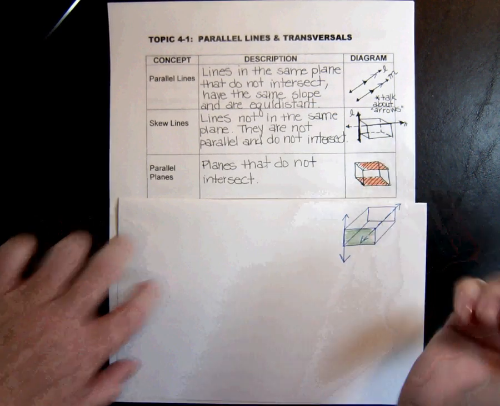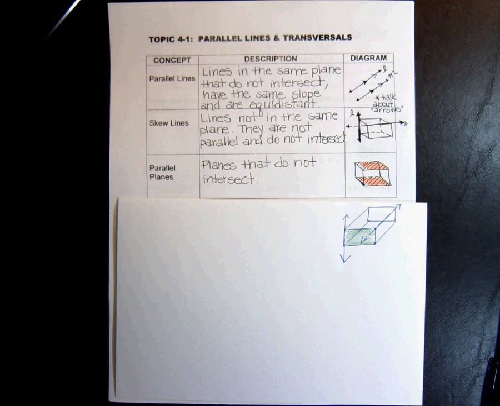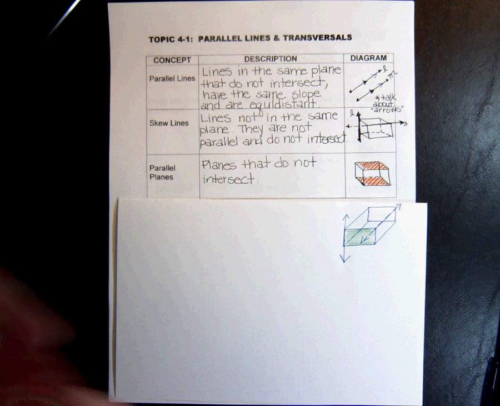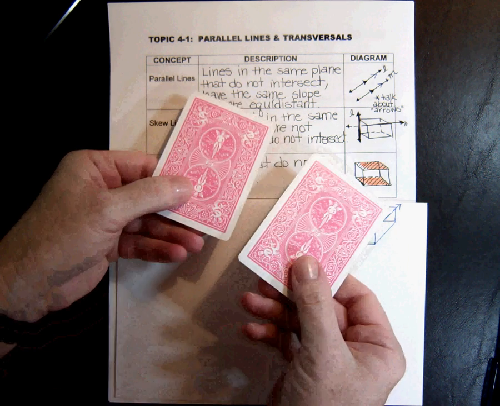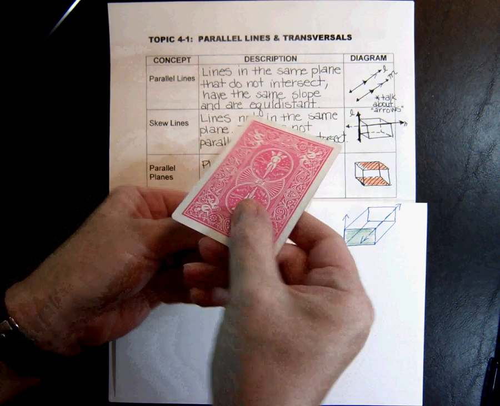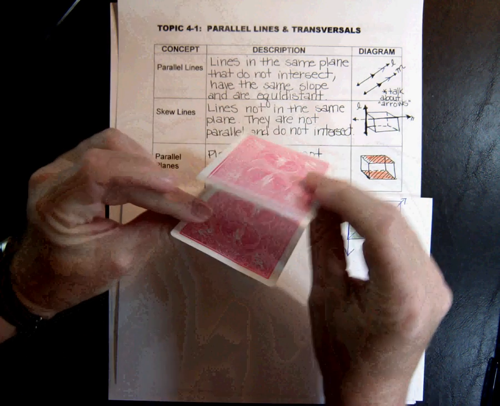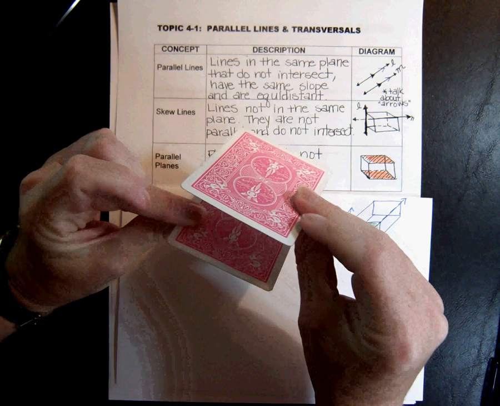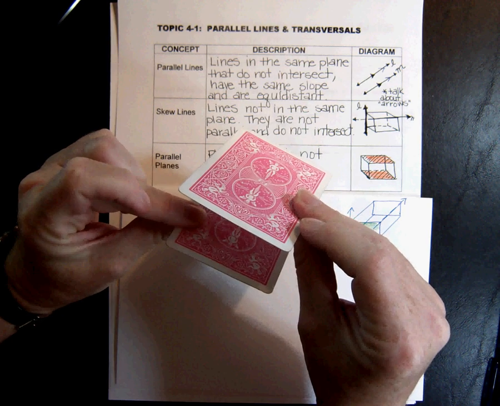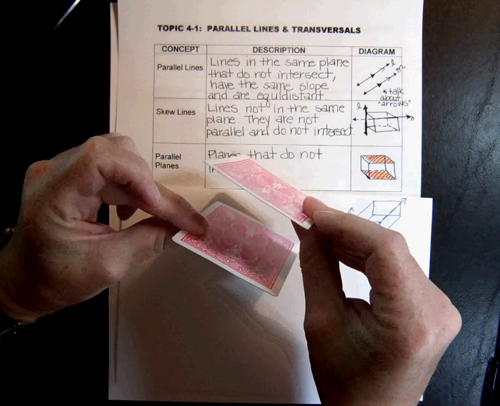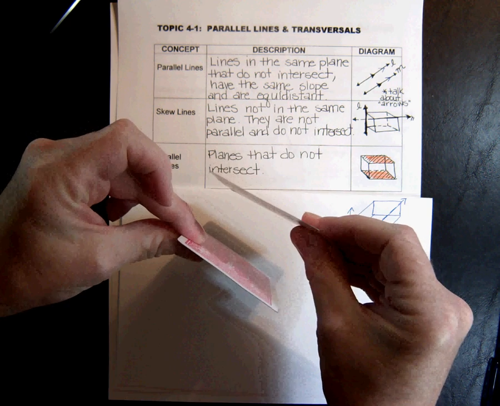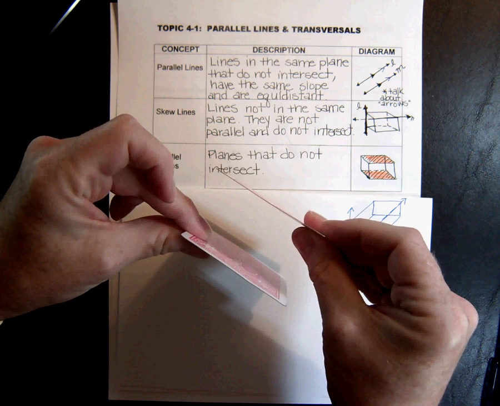That would be the same as taking a couple of playing cards. If I had two playing cards and lined them up like that, these could be parallel planes that don't intersect, and they are parallel, trying to make parallel as best I can, parallel to one another.